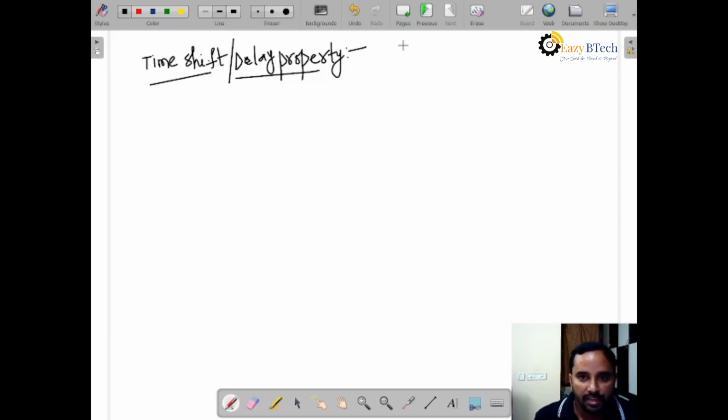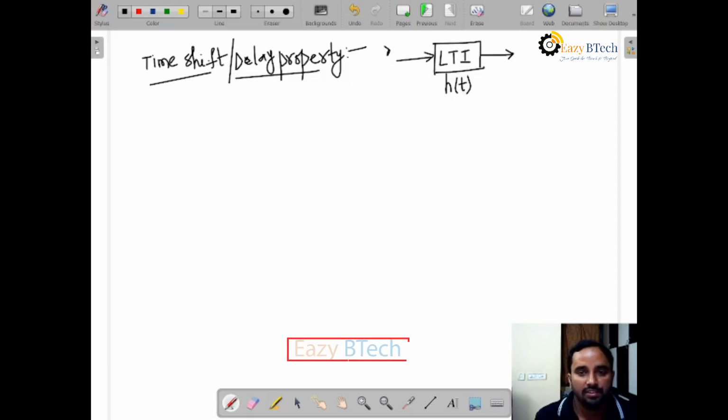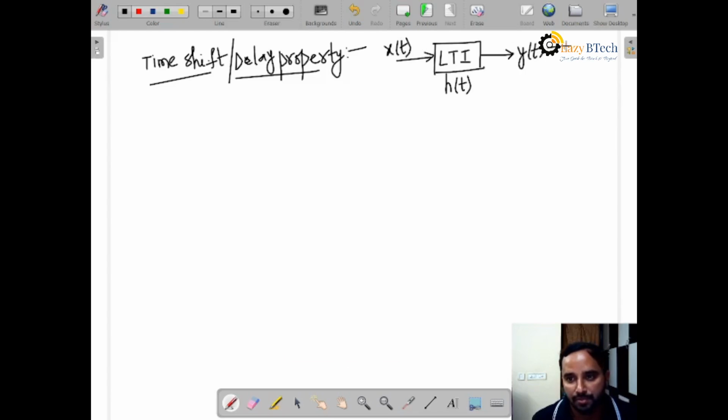If you take an LTI system, the input is x of t, impulse response h of t, and the output is y of t. So the output expression is y of t equals x of t convolution h of t.